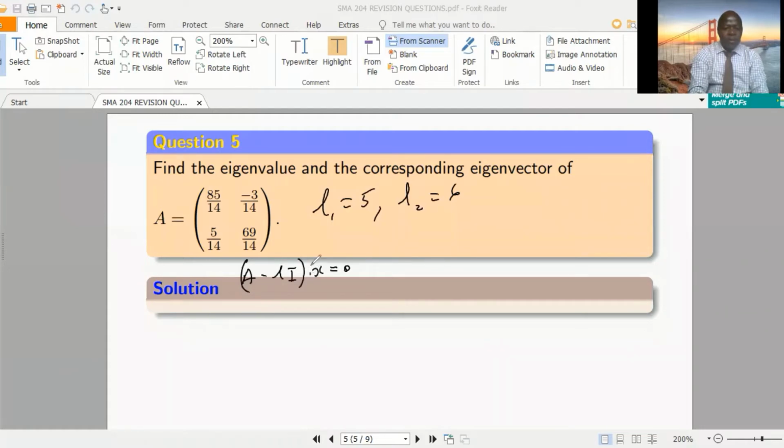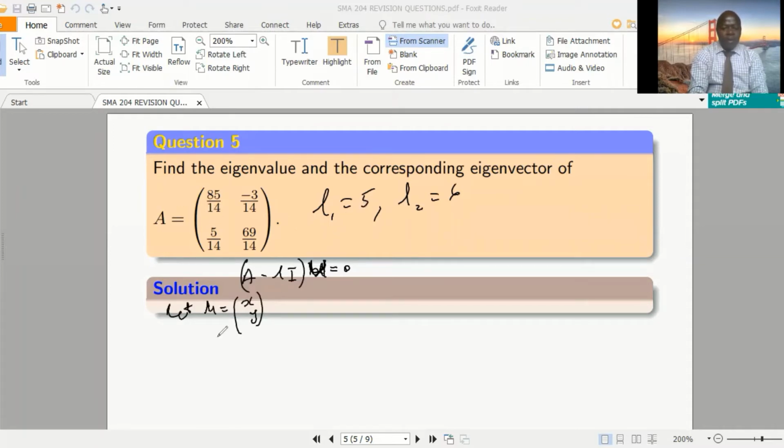Then we use mu as the eigenvector, and equal to 0. So I want to let mu be (x, y), because I'm dealing with a 2 by 2 matrix.